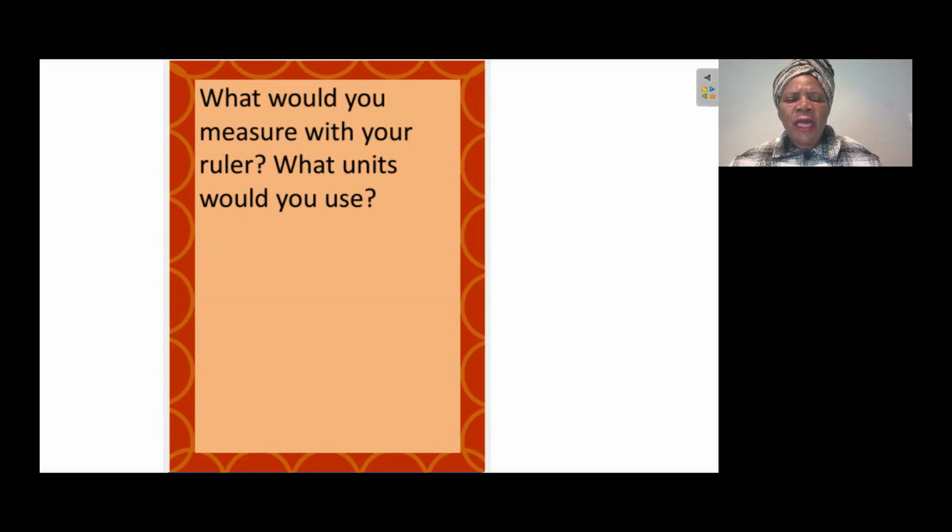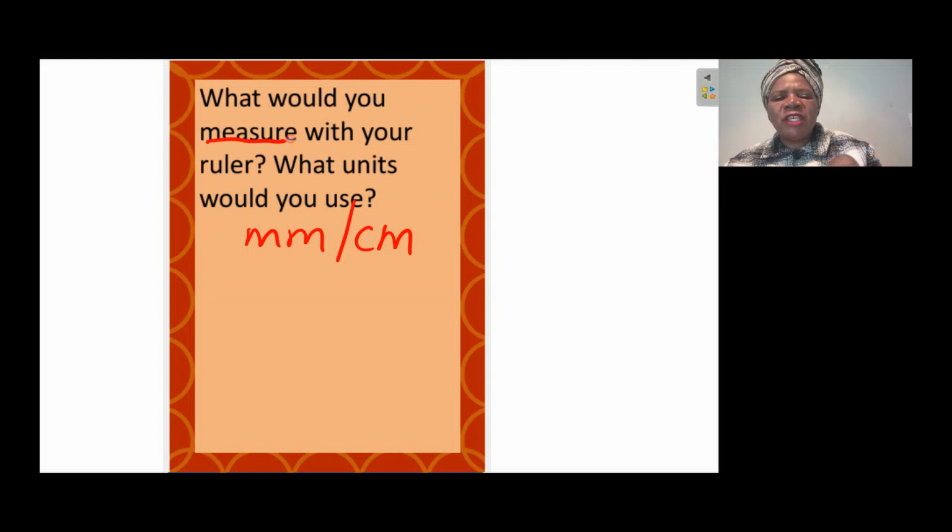What would you measure with your ruler, and what units would you use? We can see that our rulers use millimeters and centimeters. Then what would you measure using your ruler?